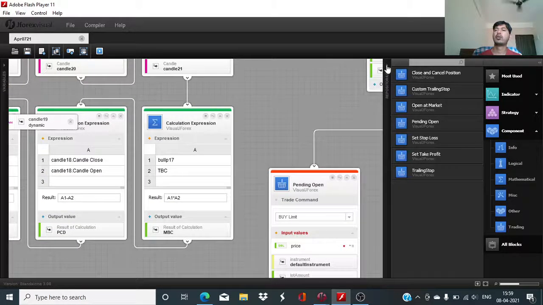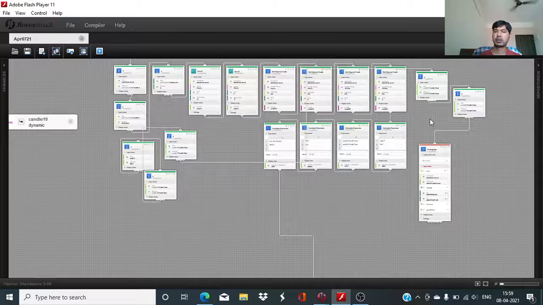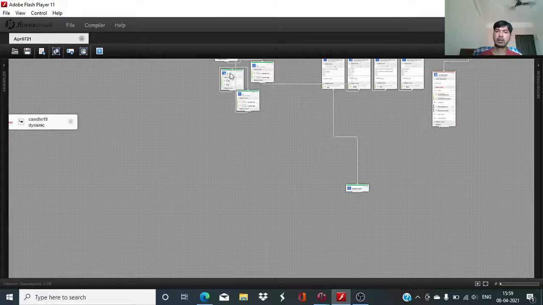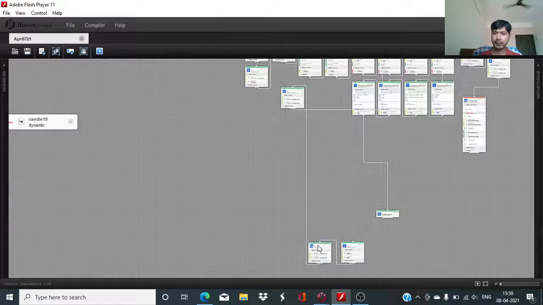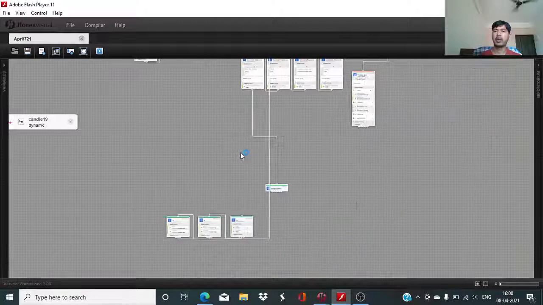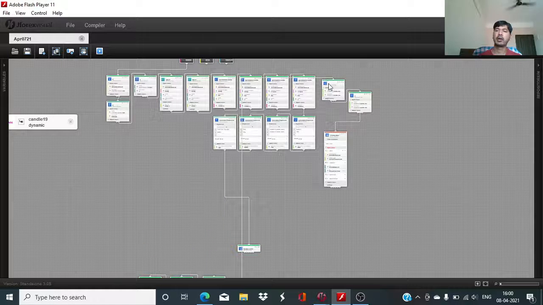Now I will first arrange these blocks, and after that we will add the values for the parameters of these pending open order.